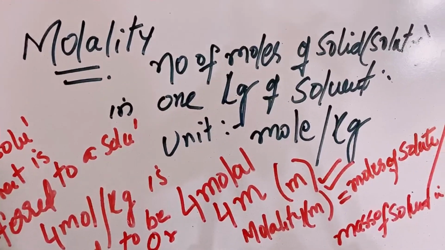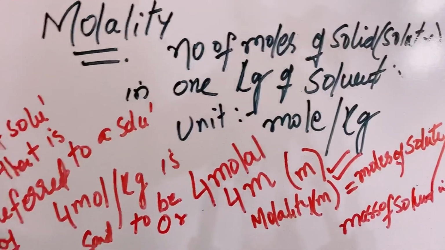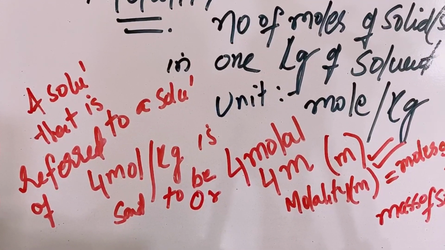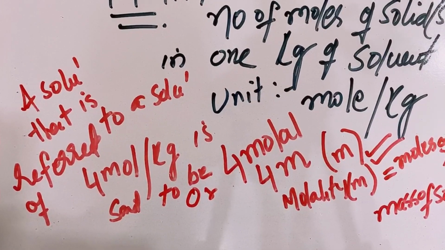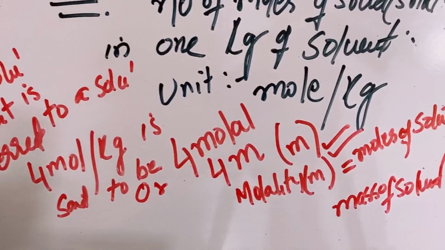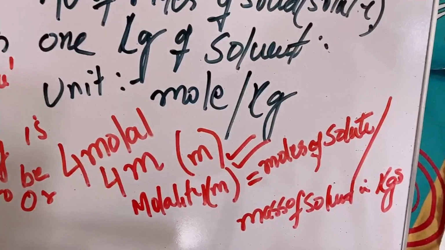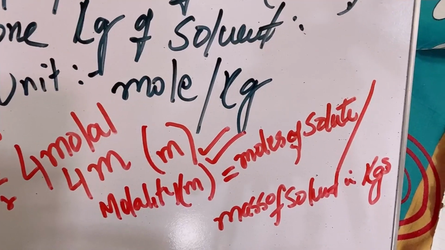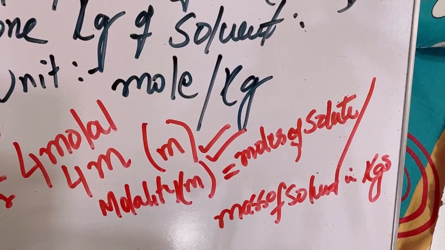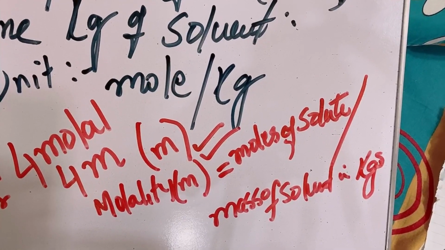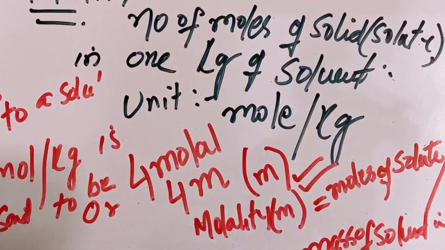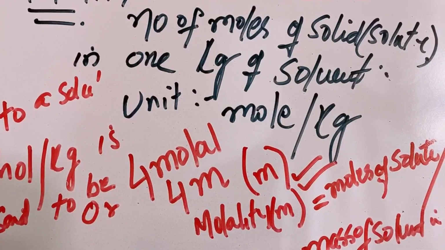First I explained what molality is, then if you see a 4M solution, they are referring to 4 molar, and molality is denoted by a small m. It equals moles of solute divided by mass of the solvent in kilograms. Great.